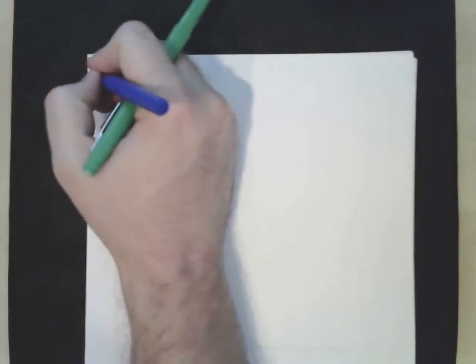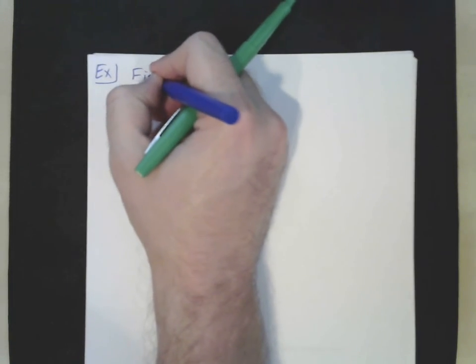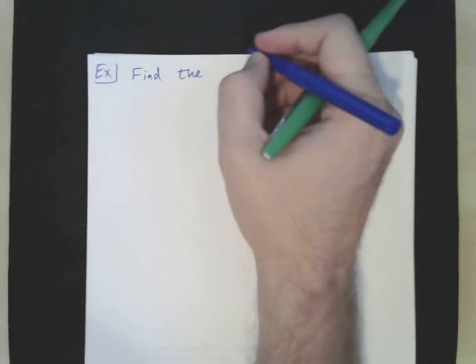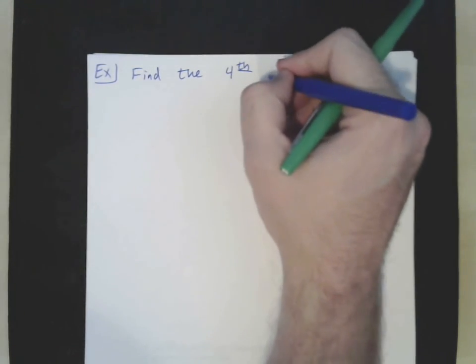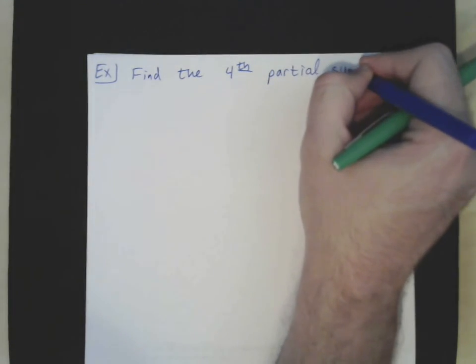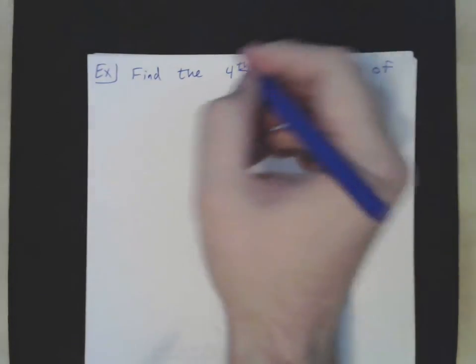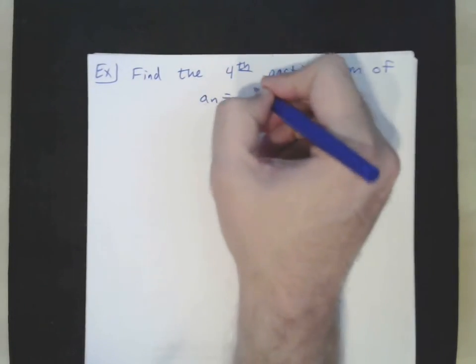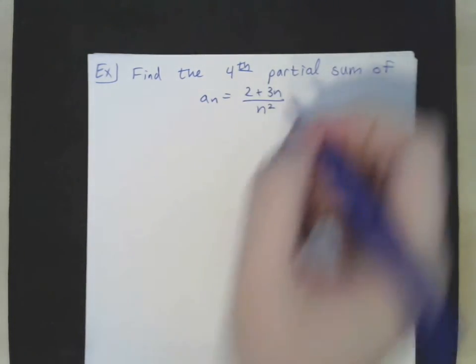So let's say, for an example, we're told to find the nth partial sum, and we're going to find the fourth partial sum, where a sub n equals 2 plus 3n over n squared.